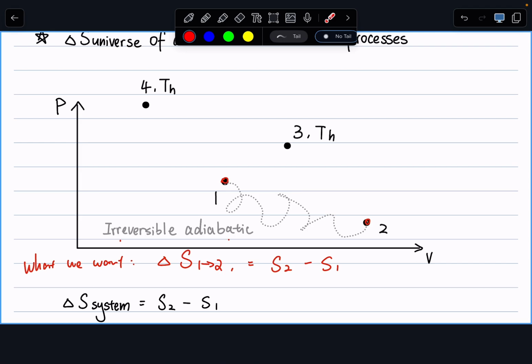Then we have a reversible isothermal process between steps 3 to 4. Remember, my dS equals dQ reversible, in this case 3 to 4, over T. Since it's isothermal, at constant temperature, we can write my delta S 3 to 4 equals Q 3 to 4 over temperature.